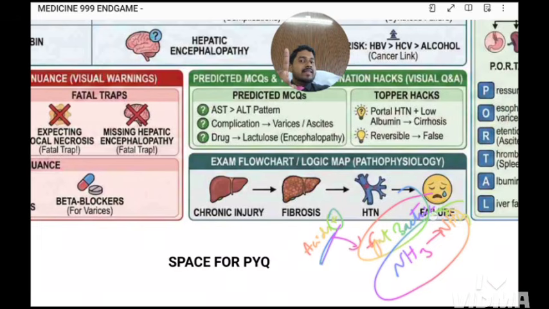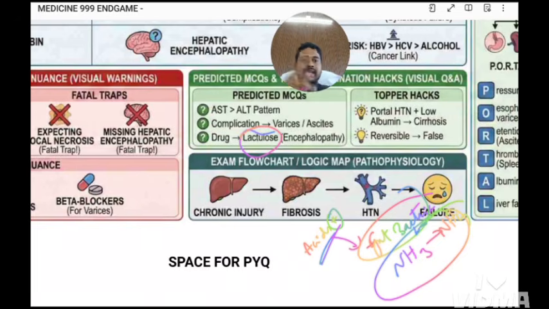Now if ammonia is excess, that will convert glutamate to glutamine, and this glutamate-glutamine combination will interfere with the CNS, and that is the reason for hepatic encephalopathy. Now what if ammonia in the gut can be converted into ammonium? Ammonium means NH4 plus, as a result of which it is not absorbed into the blood, so there is decreased risk of hepatic encephalopathy.